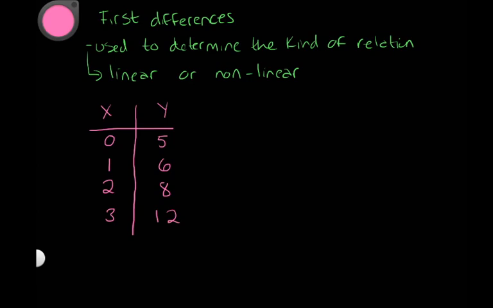So what we want to do here is, first of all, we want to take a look and see if our x values are constant. So if our x values are going up evenly. So the difference between 0 and 1 is 1. The difference between 1 and 2 is 1. The difference between 2 and 3 is 1. So yes, our x values are constant.